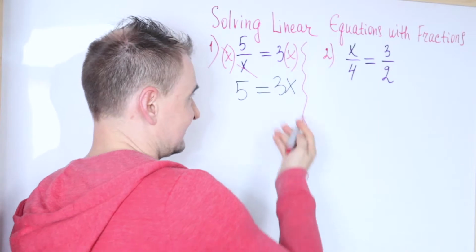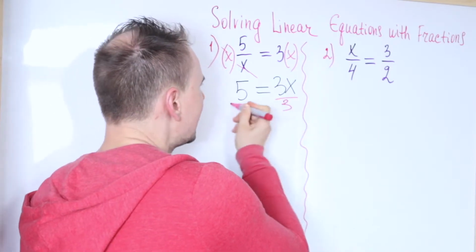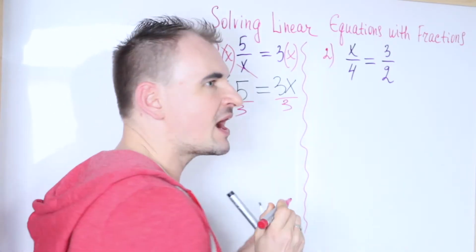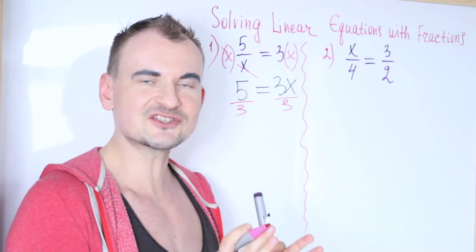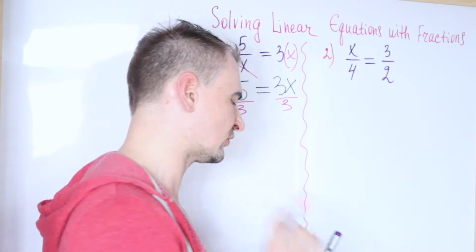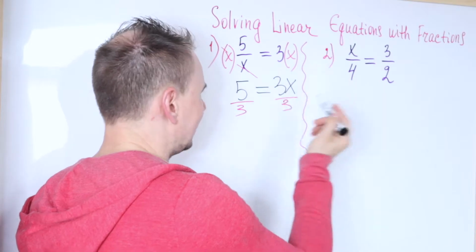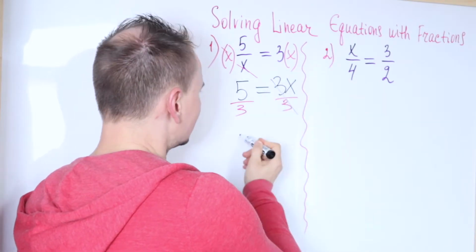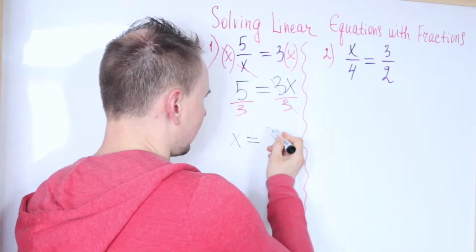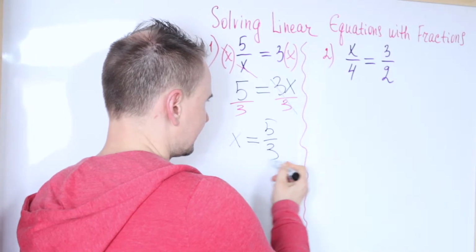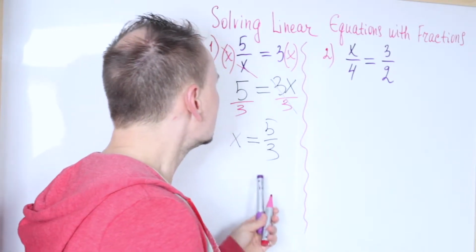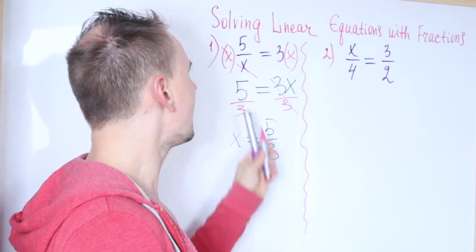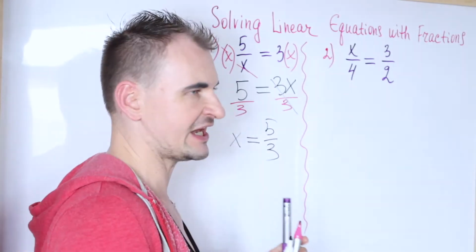So in this case, it's 3, divide through by 3, on both sides. Keep in mind that what you do to one side, you have to do to the other side, so keep it balanced. So you would be left with x equals 5/3. That's your solution, that's your root for that first linear equation.